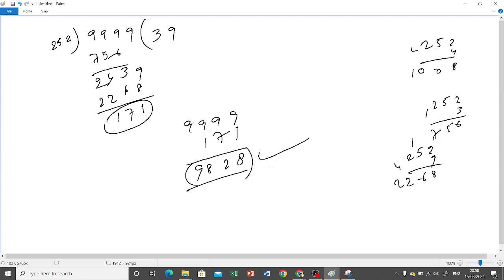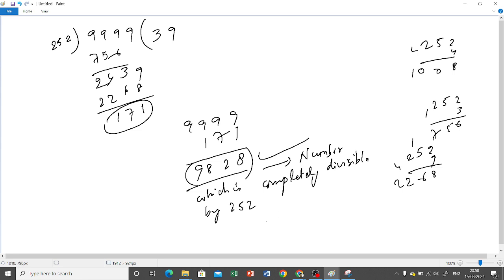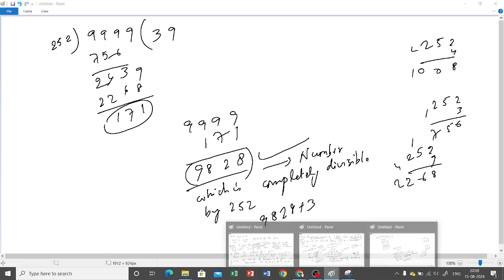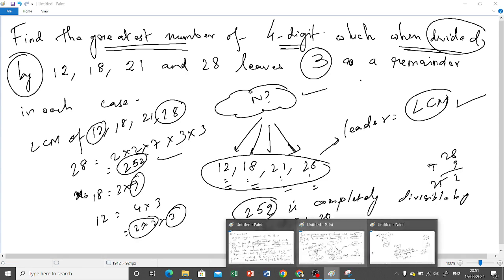So what is this? This is the number which is completely divisible by 252. Now just add a 3 to it because our question is that it leaves 3 as the remainder.